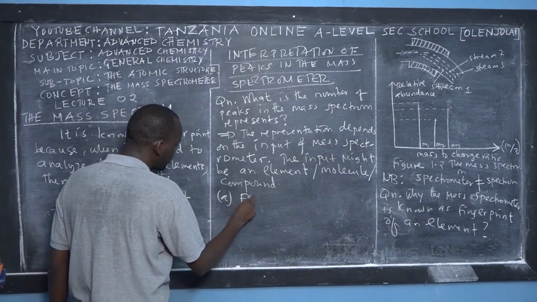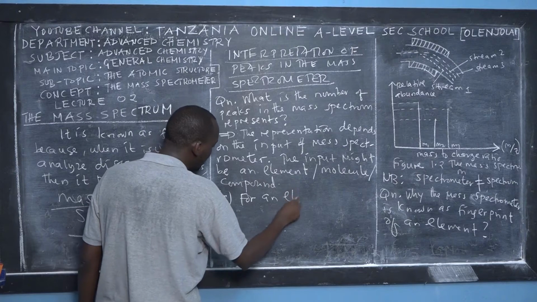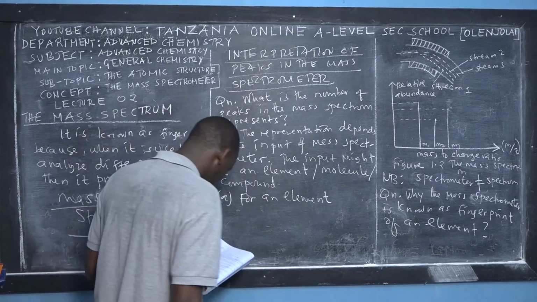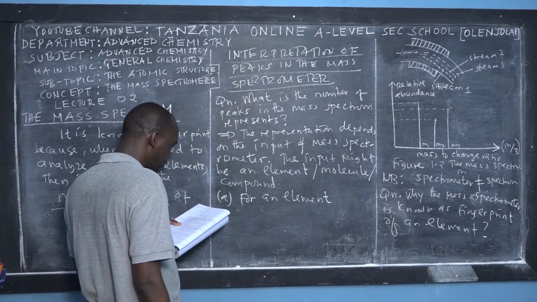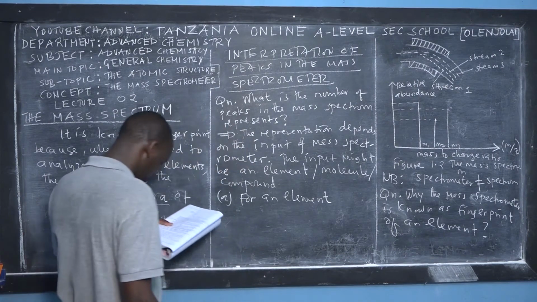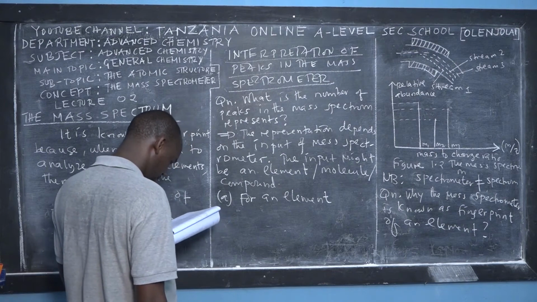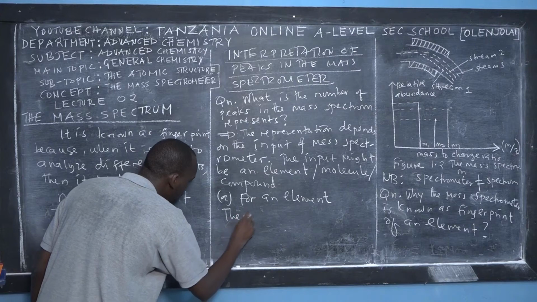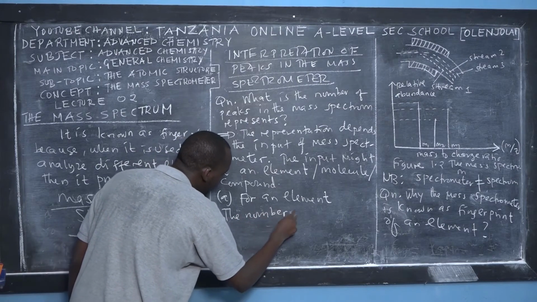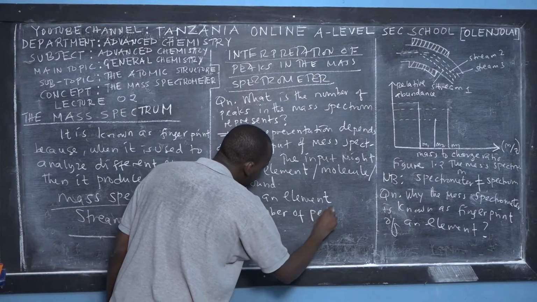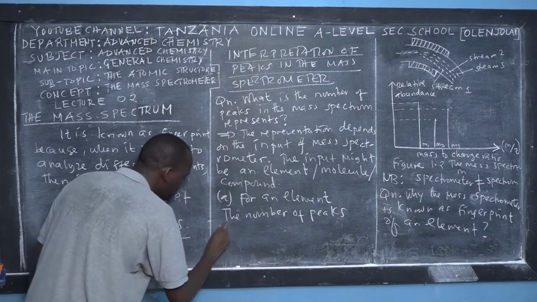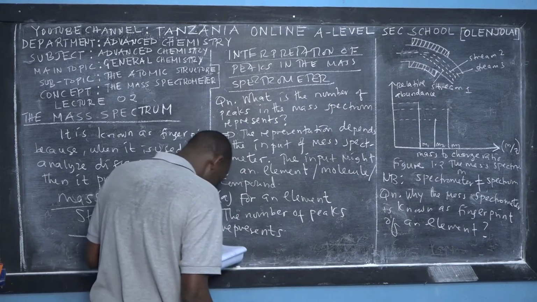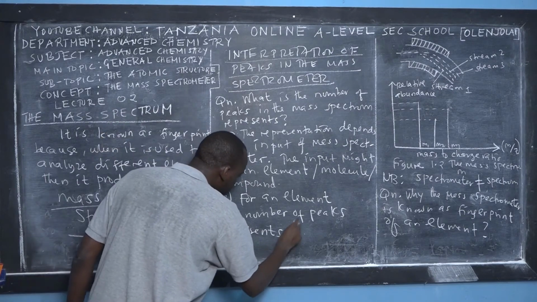Okay? For an element, if the input, the sample introduced in the mass spectrometer, is an element, we say that the number of peaks represents the number of isotopes.